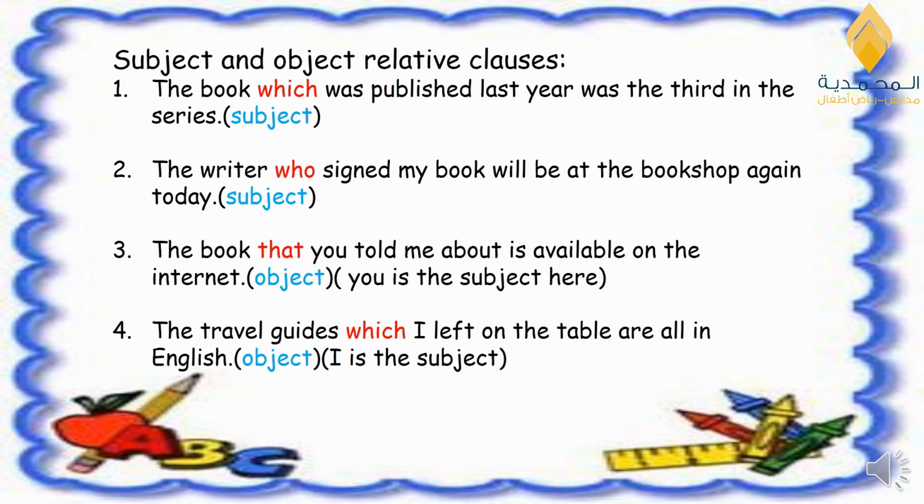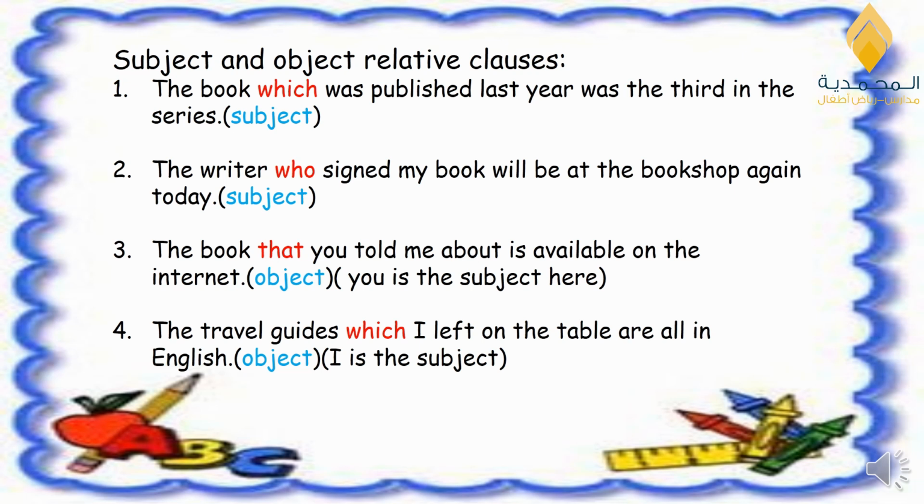Okay, when you understand the context of the meaning, it will make it easier for you to differentiate if it is a subject or an object relative clause. Number 3. The book that you told me about is available on the internet. Why here that you told me about?